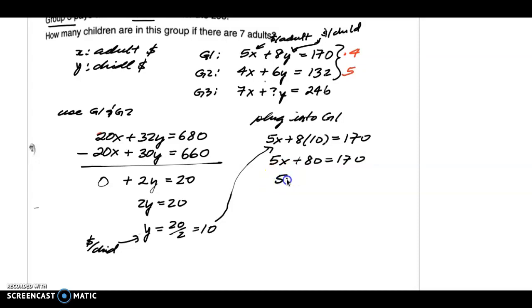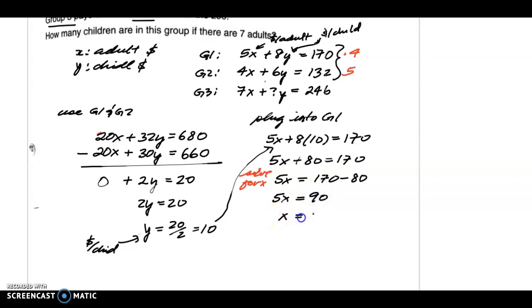That means 5x. I'm solving for x right now. That means 170 minus 80, because if I move the 80 to the other side, I'm subtracting 80 from both sides. That's then going to give me 5x equals 90.